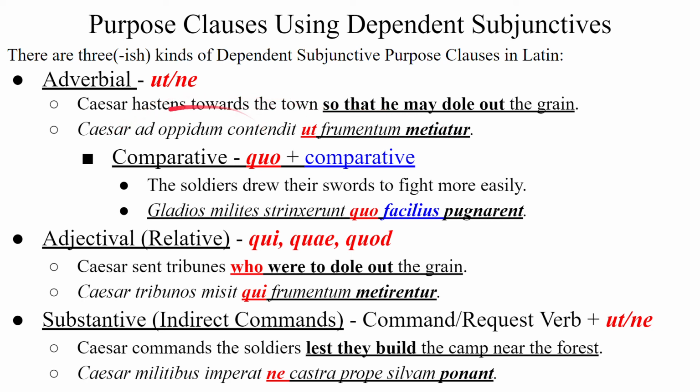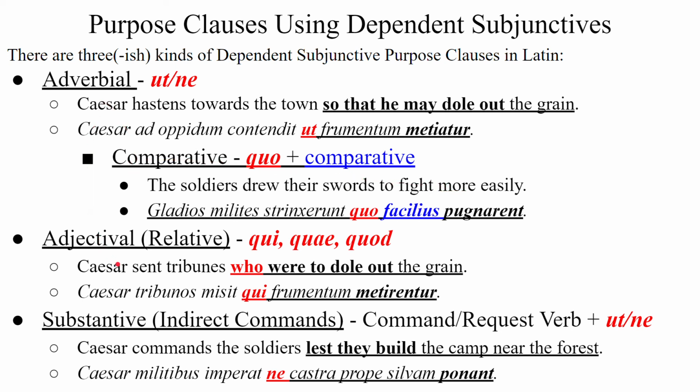Caesar hastens to the town so that he may dole out the grain. Why did he hasten to the town? To dole out the grain. If there is a comparative in the clause, it will not be introduced by ut, but instead by quo. Gladios milites strinxerunt, quo facilius pugnarent. The soldiers drew their swords so that they may fight more easily.